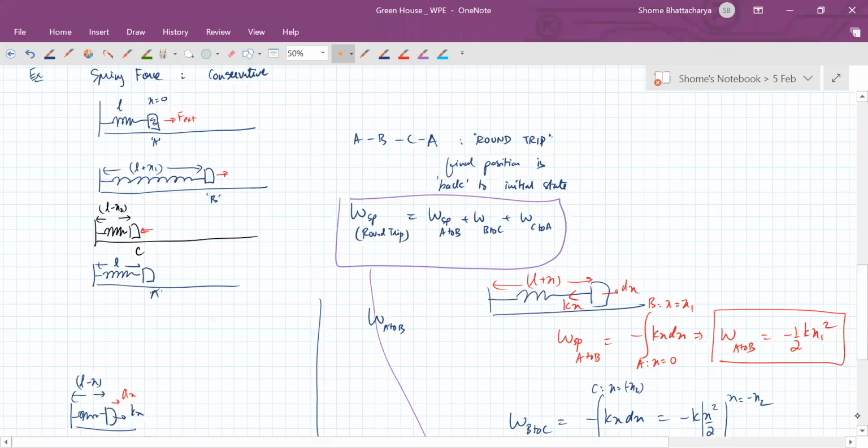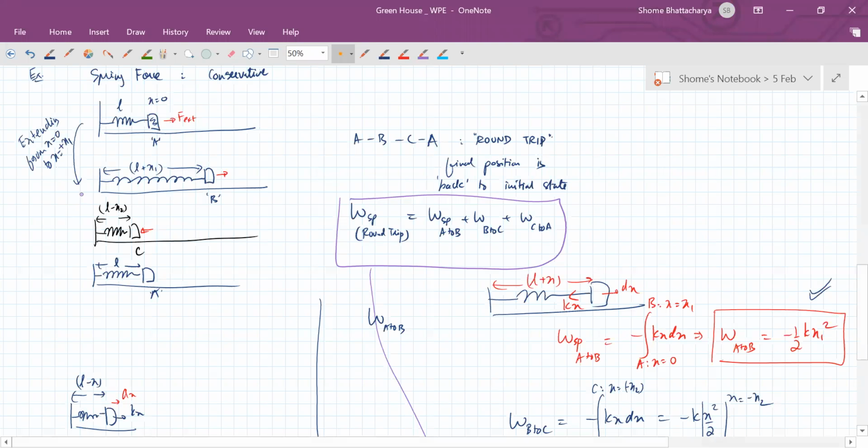Okay, so let's go through this once more in detail. So this is what I'm doing actually, I'm going from natural length to extension first. So I'm extending from x equal to 0 to x equal to x1, and that is giving me this work.